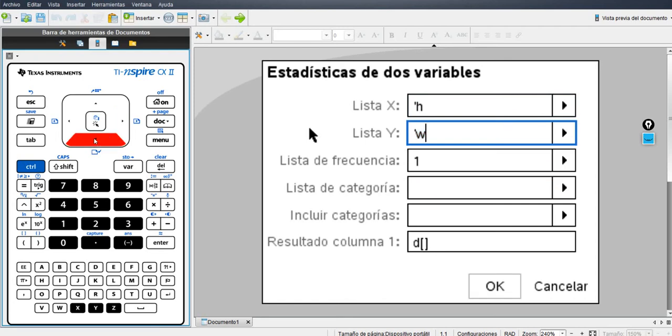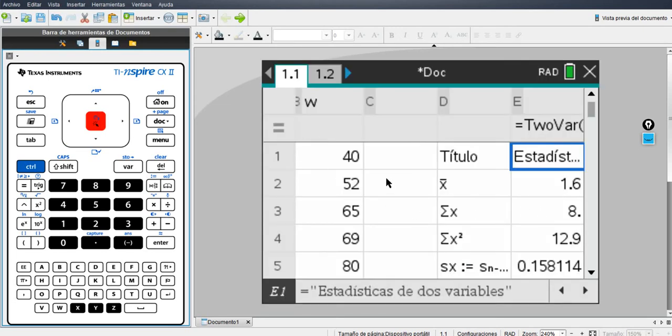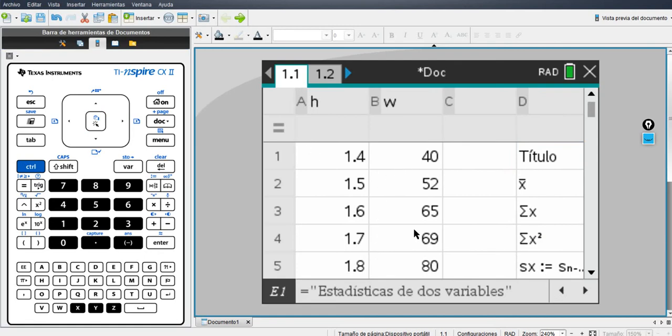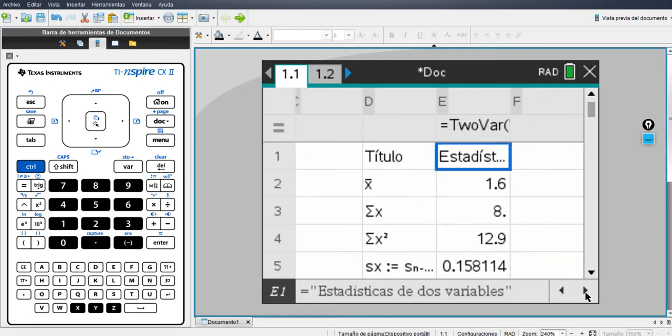Okay, and then I just press the down arrow until I reach OK. I accept, and then this is going to appear to the side of your data set. Okay, and it says título y estadísticas de dos variables.